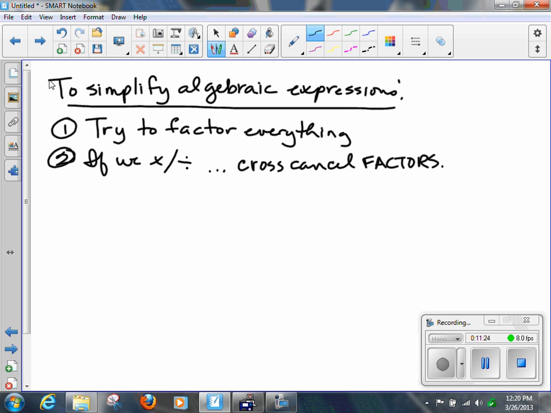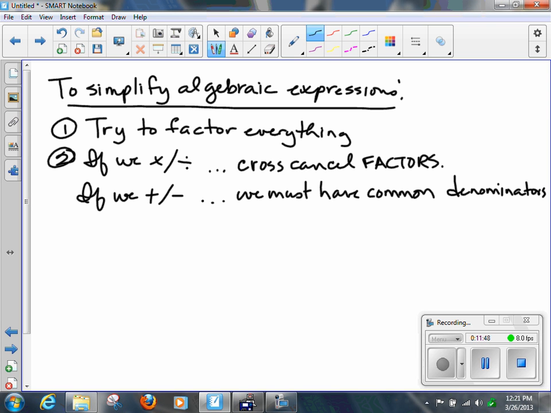Okay? You also have to know that if we add and subtract, what do you have to have when we're dealing with fractions? You have to have common denominators. You must have common denominators.